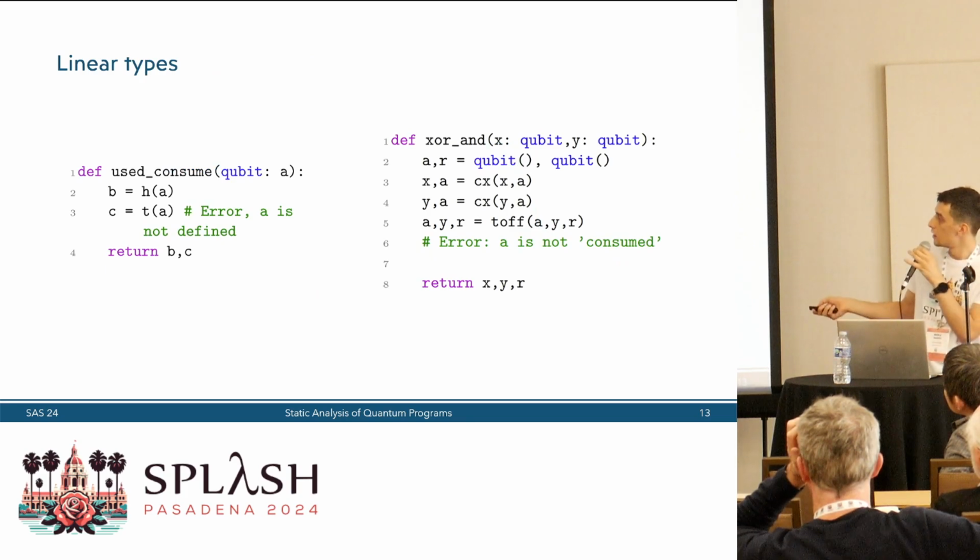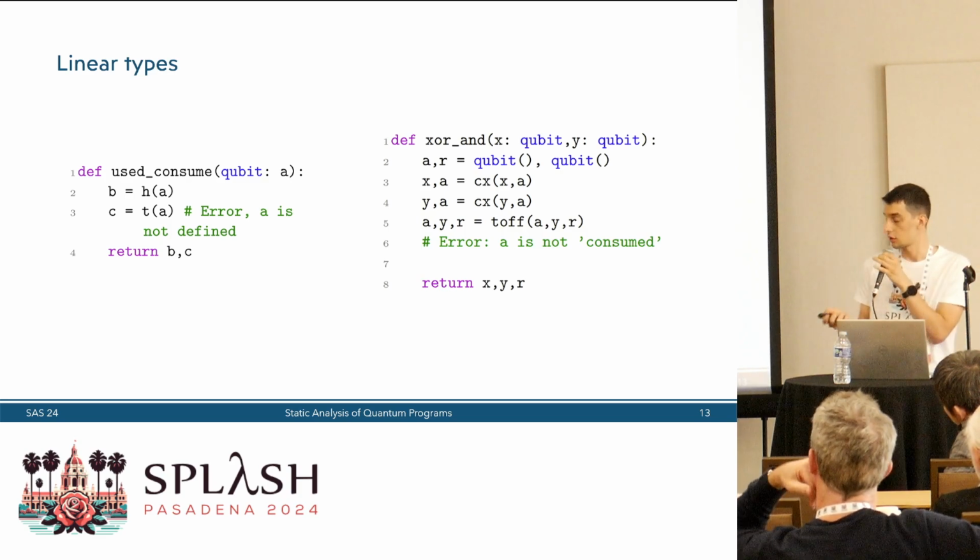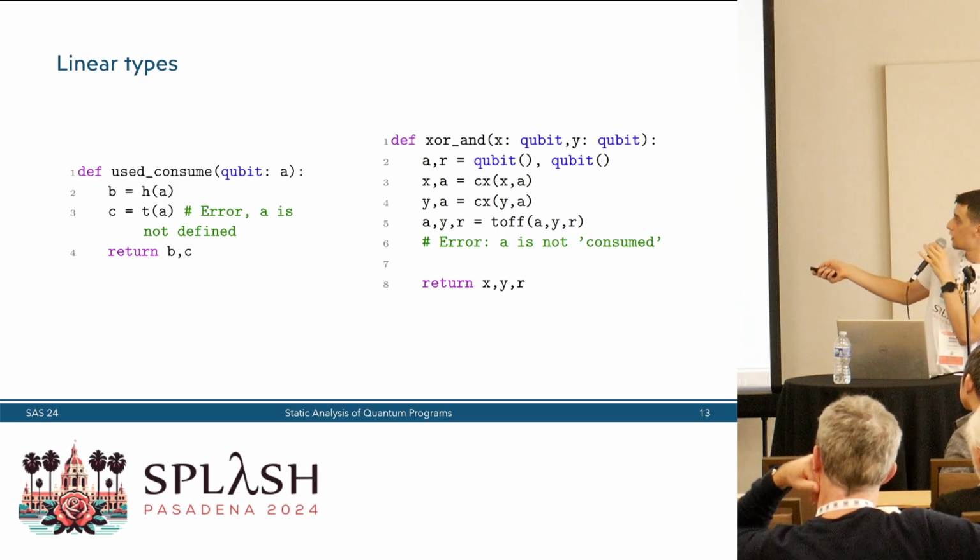In the first case, if you have a program that uses a variable twice, a linear type checker will reject this program since the variable is used twice. So we are okay. Similarly, you have this program that corresponds to the circuit that I showed before, in which we use a temporary variable A, and then we define it, but we never use it, and we don't return it because A is not needed anymore. A linear type checker will reject this program since it says that A is not consumed.